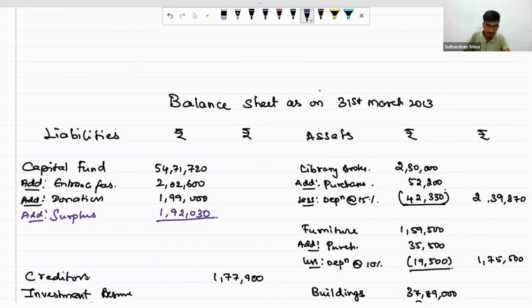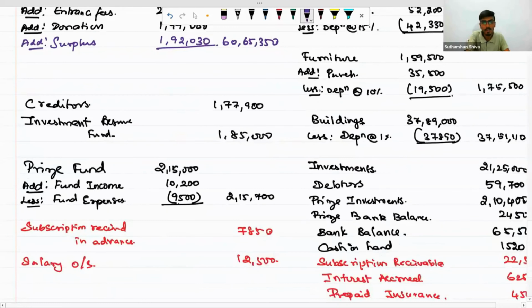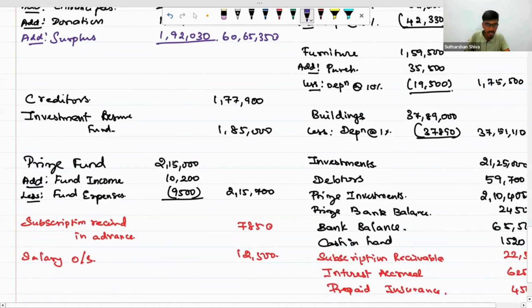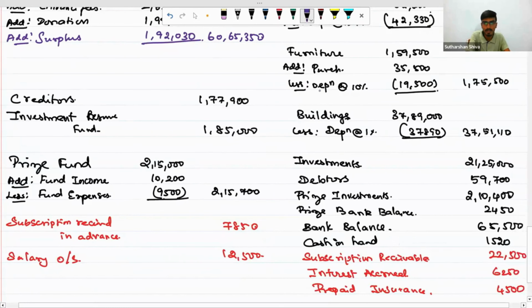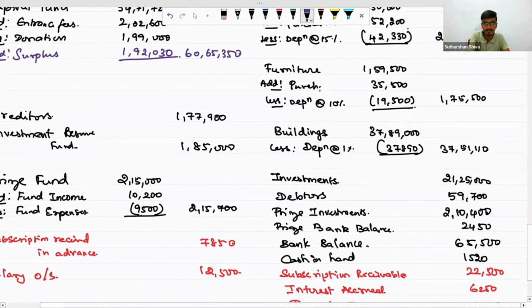Add all this. What is the value? 60,000, 65,350. Now add all this, plus 1,70,000. One will add the liability side, one will add the asset side.